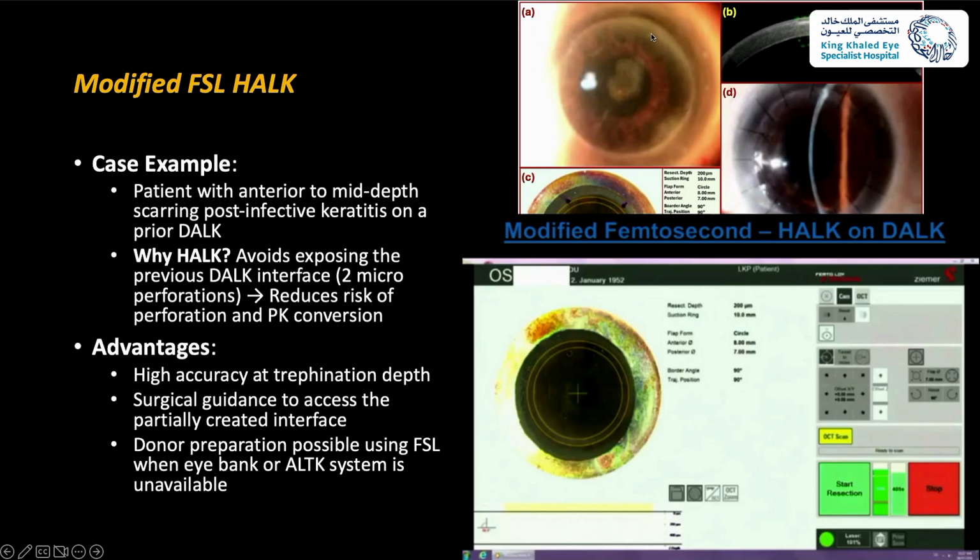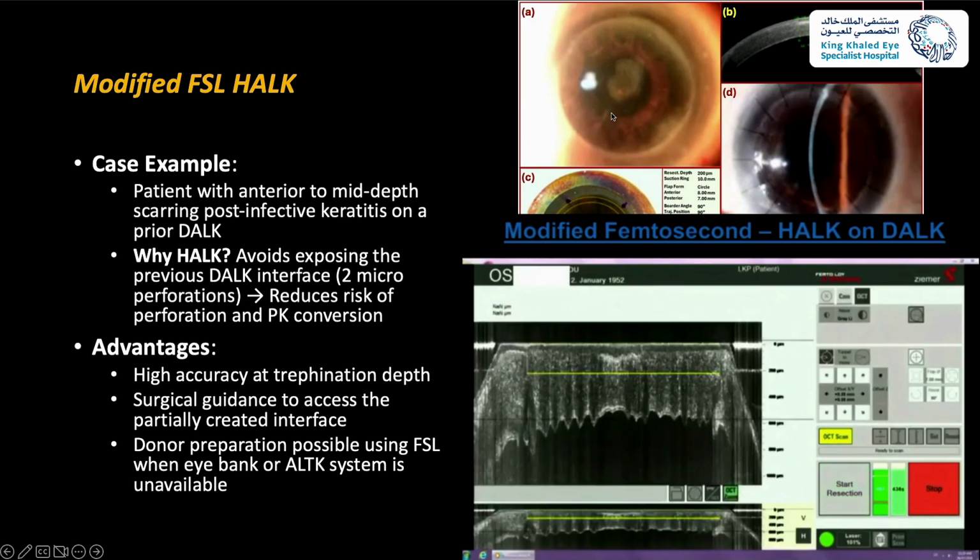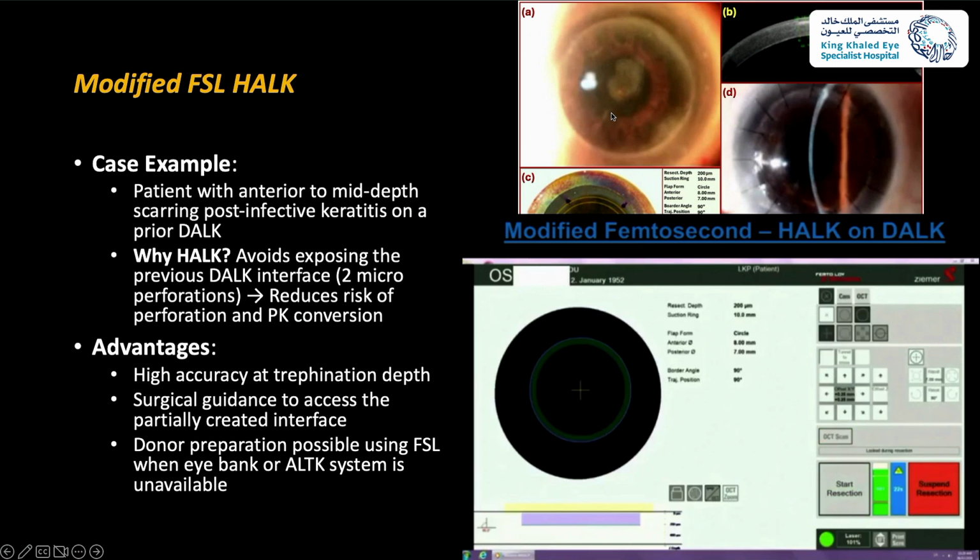This is the case of a patient with a previous DALK for infectious keratitis that had a history of perforation, and then the surgeon during dissection had a DM perforation. So when the patient had another infection post-DALK, he elected not to reopen the interface because of the DM perforation.